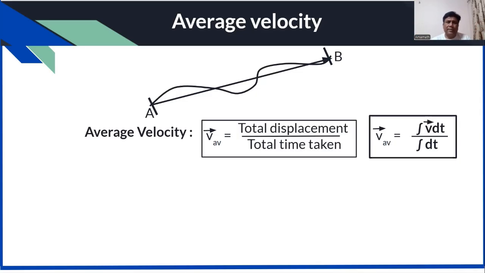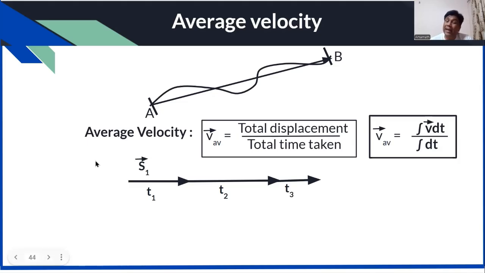Instantaneous means at some moment, so both are very important. Now you see, say I have covered a displacement in a few steps. Say initially I have covered this much distance in t1 time, and this much distance in t2 time, and some other distance in t3 time. You can say displacement also, no need to worry, because in unidirectional motion distance and displacement are the same.